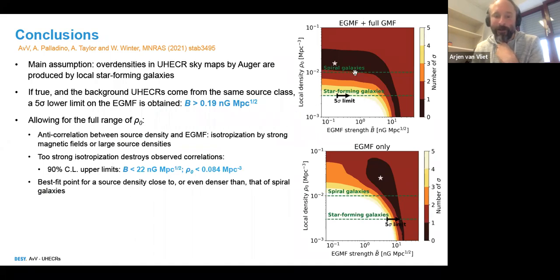You can go to larger local source densities, but then you get up to local source densities, for example, of spiral galaxies, and it's not really expected that such abundant sources as spiral galaxies actually produce ultra high energy cosmic rays. So you have to go either to relatively strong extragalactic magnetic fields or large source densities, which are hard to explain from an acceleration point of view.